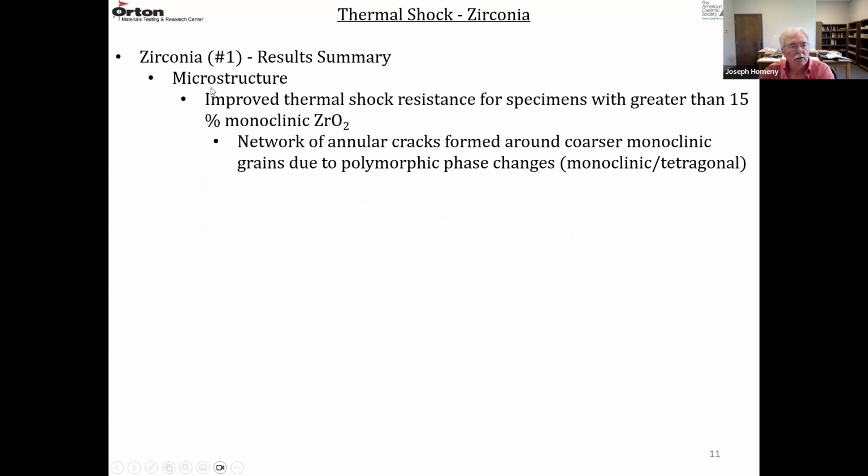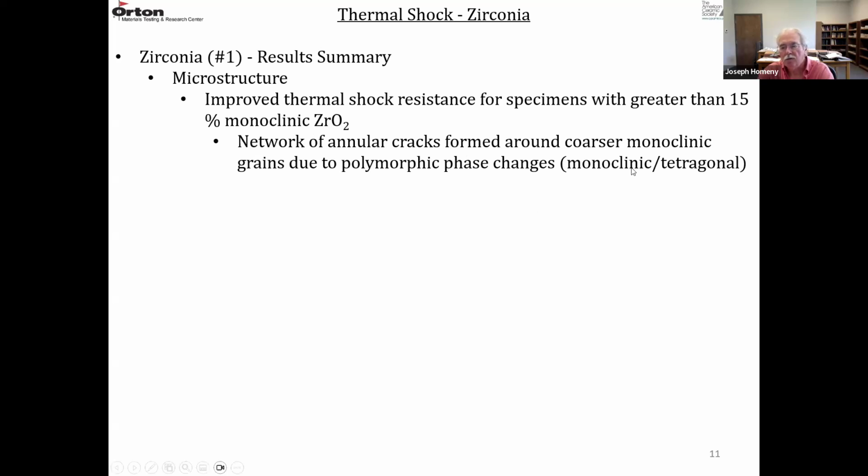So what they concluded on the microstructure: the improved thermal shock resistance was for samples with greater than 15 mole percent monoclinic zirconia. Anytime they had greater than 15 mole percent monoclinic zirconia, they had improved thermal shock resistance. That's because circular cracks formed around the coarser monoclinic grains when they went through the polymorphic phase change, the monoclinic to tetragonal phase change.